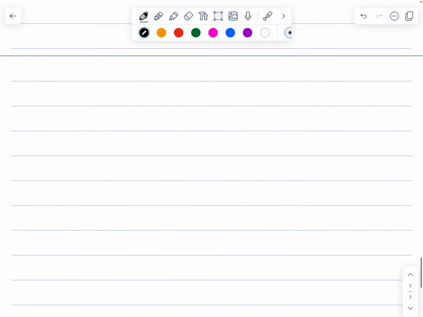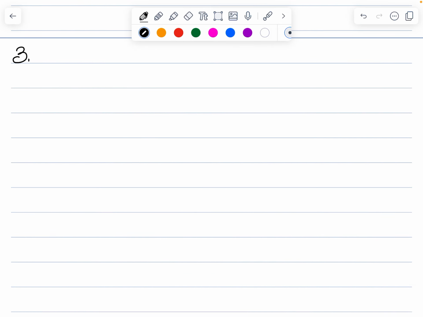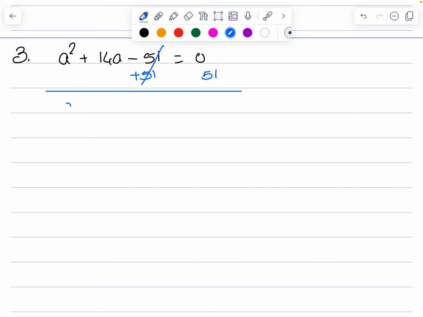Question number 3. A square plus 14a minus 51 equals 0. The worksheet for this one will be given in the link so that you can download it and try these questions on your own at your own pace. So what am I going to do? Add 51 on either side. When I add 51 on either side, the 51 cancels.